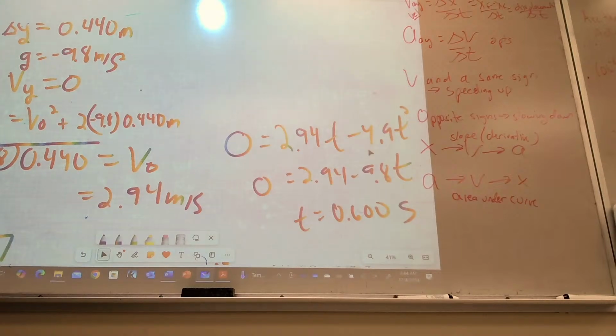What do you know to be 0? It couldn't be 0 and go up and come down, right?